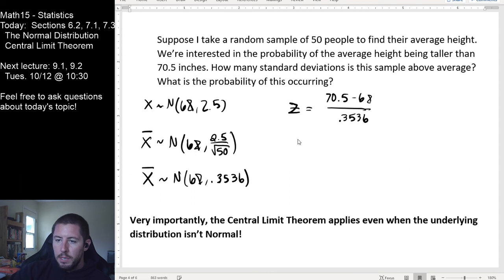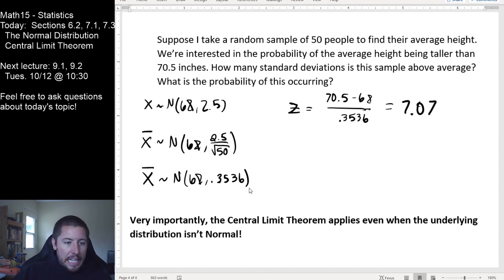I'm going to go to my calculator and see what I get for this z-score. 70.5 minus 68, divided by 0.3536. And that's telling me 7.07. Holy buckets. Oh my gosh. 7 standard deviations away from normal? That's ridiculous. So let's equate some probabilities here.